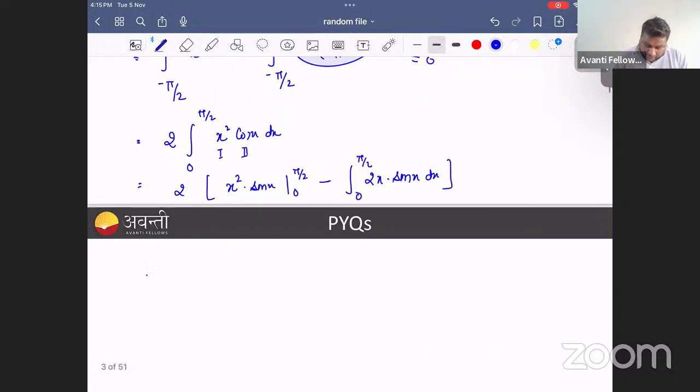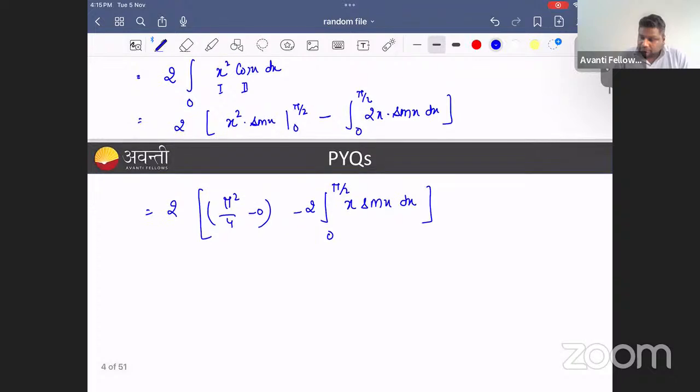Got it? So it is 2 times. Now if I put the upper limit, it will be pi square by 4 minus 0 minus 2 outside 0 to pi by 2 x sin x dx. Am I correct?